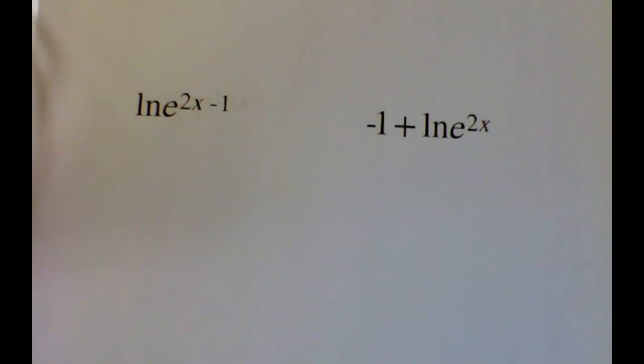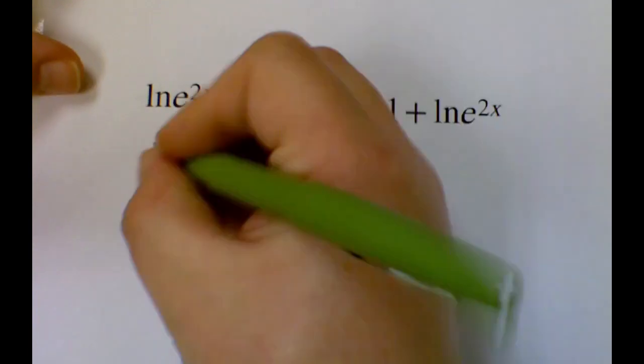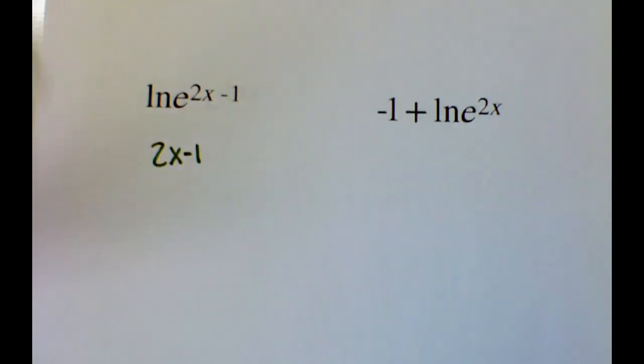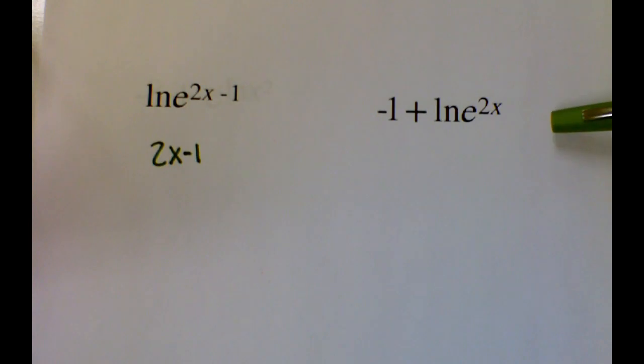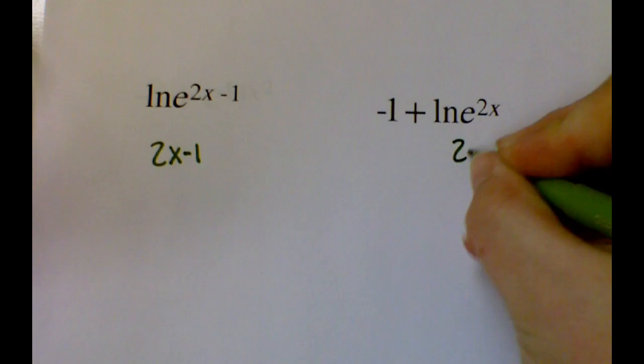Now let's just do a little simplifying. If I have a natural log of e to a power, well, a natural log and an e to a power cancel each other out, leaving me just the exponent. So my answer is just 2x minus 1. For the second one, natural log and e to a power cancel each other out, leaving me just the power.